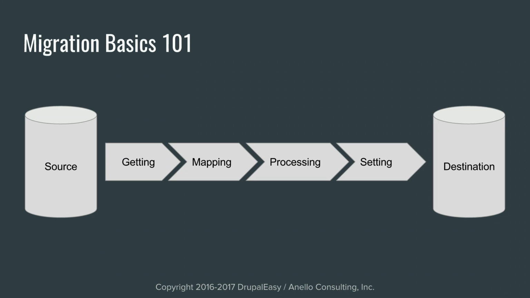And then the processing is the part where we can actually use our brains and really help the client out. I actually prefer to call it data massaging, fixing all the things that are wrong with the data as it traverses through the pipeline. This is where, when you're pulling a body field out of the source, and that body field has an embedded image in it, and that image has a path that makes sense for where it originally lived, but when you move it into a Drupal site, you want that path to be somewhere in the files directory.